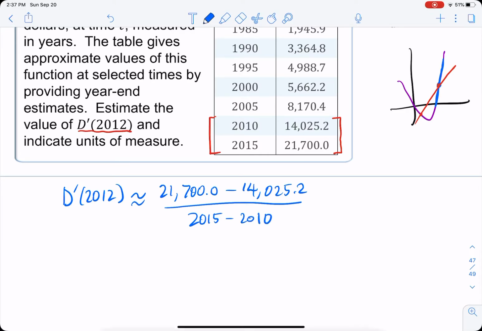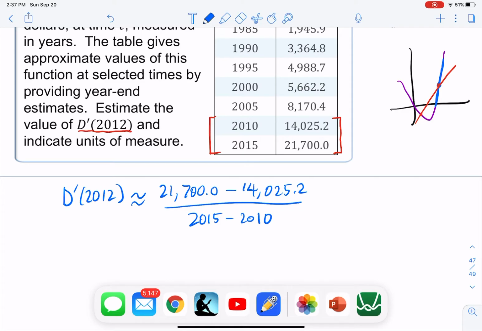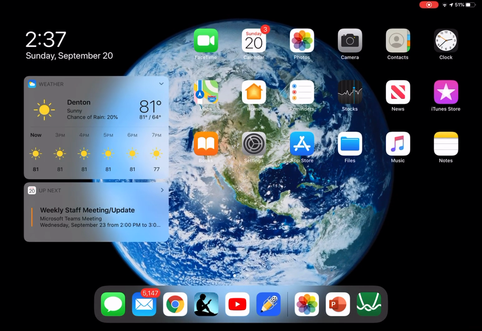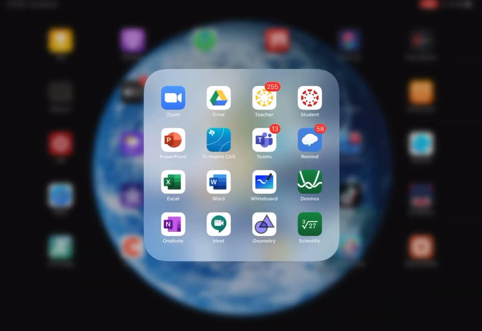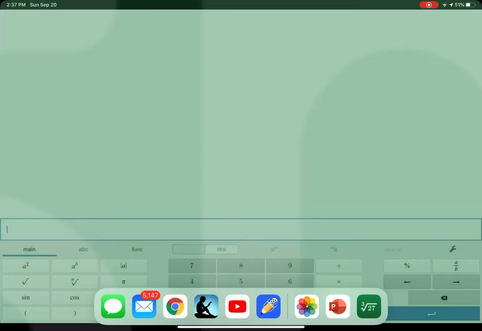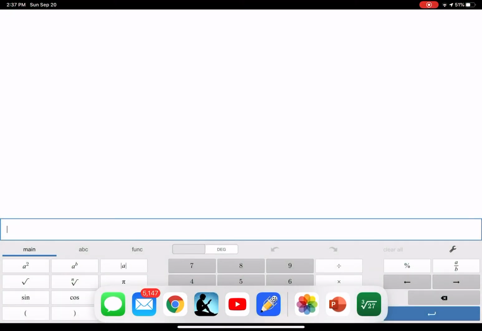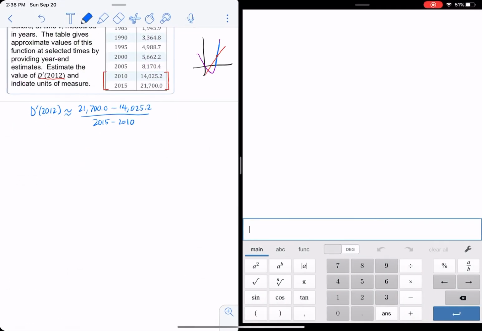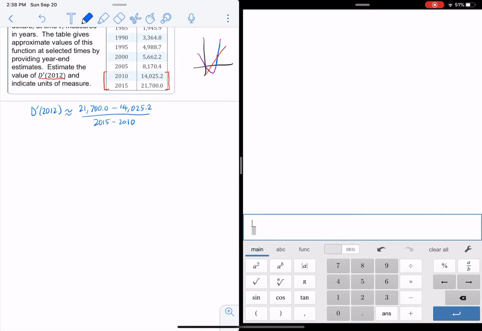Let's throw that in the calculator. Unless you want to do that arithmetic in your head, you're free to, of course. I'm not going to. I'll pull up Desmos. And I don't remember the numbers either, so I'm also going to pull this slide back up too. Okay, I'm going to hit this fraction button.